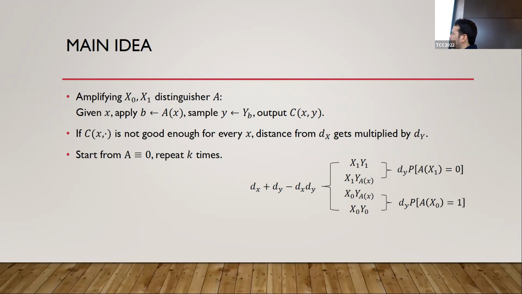Now, the reason why we actually get this amplifier is because of the assumption that C hard-coded with X is not good enough for every choice of X. You can look at these 4 distributions, and we know that the distance between x1, y1 and x0, y0 is at least the advantage of C. And we can use this assumption to bound the distance between the top 2 and the bottom 2.